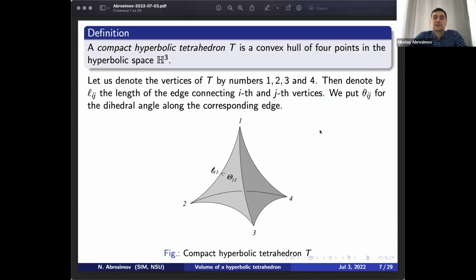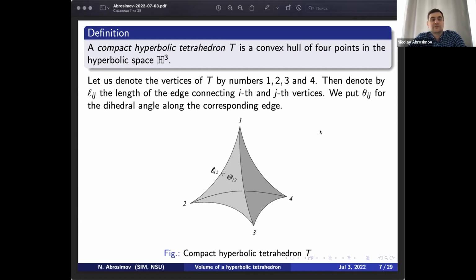A compact hyperbolic tetrahedron is a convex hull of 4 points in the hyperbolic space. These points are called vertices of a tetrahedron, and of course, here the convex hull is in the sense of hyperbolic metric. Let us denote the vertices of T by numbers 1, 2, 3, and 4. Then denote by Lij the lengths of the edge connecting vertices i and j.